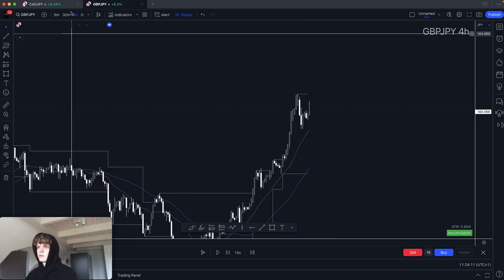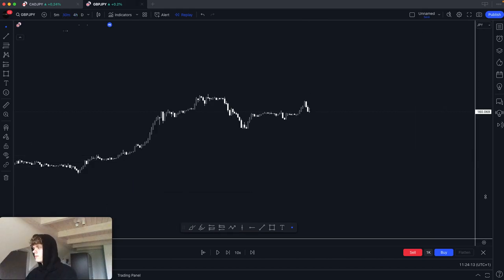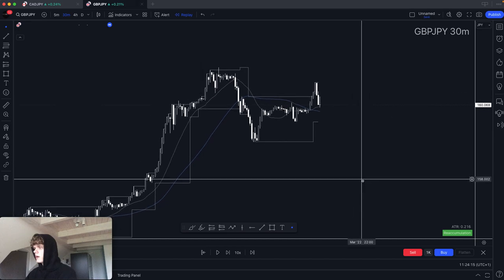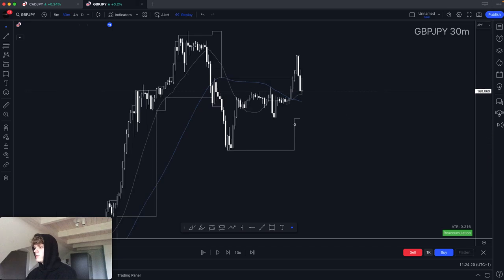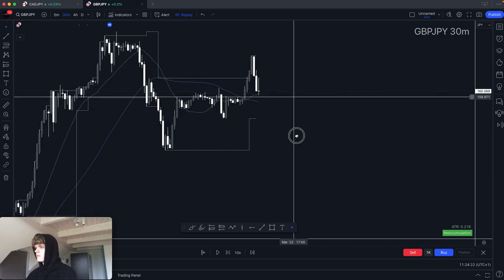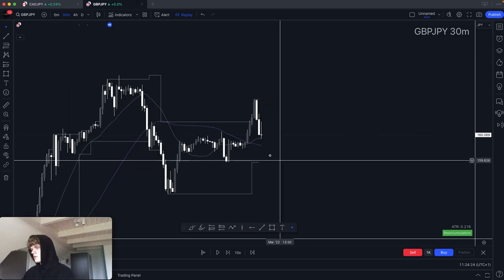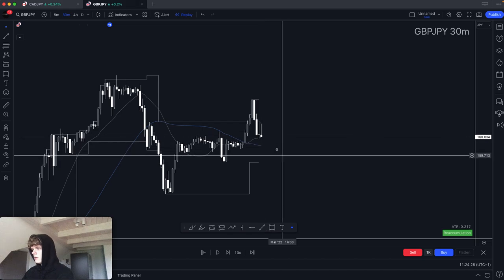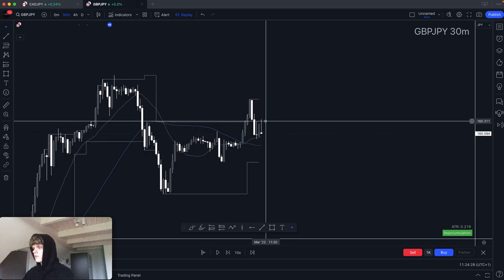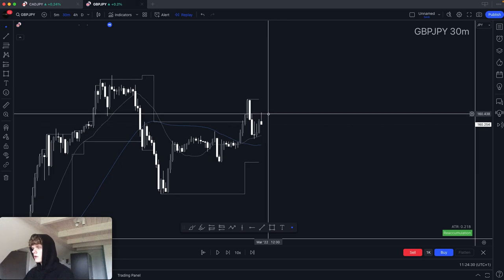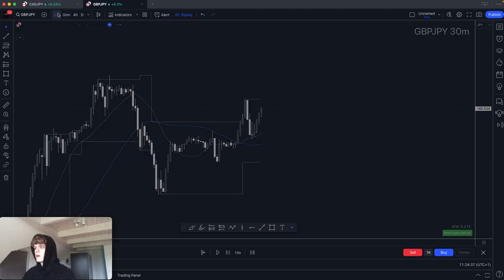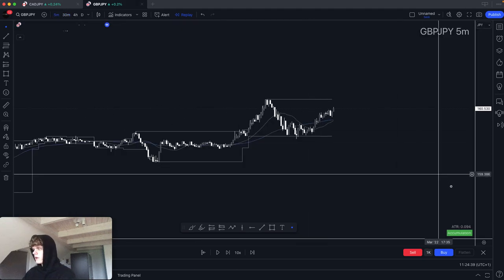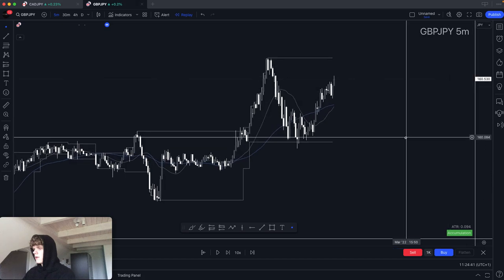In this case, the 30 minute reaccumulates, the 50 MA is pointing downwards, the 20 is slightly pointing upwards. So I'll wait for the 50 to level out, and then I want to see a demand zone above price, above a bearish candle, basically this. Oh, I skipped one too far. And then I just jump on the 5 minute.